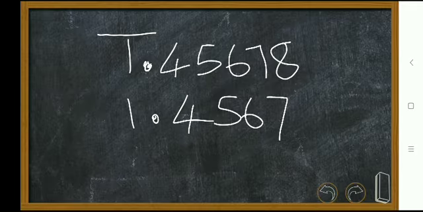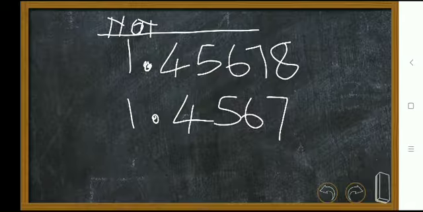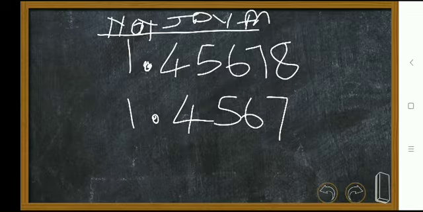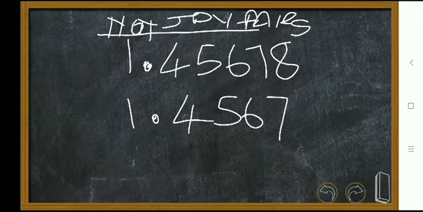This is for non-JPY pairs. This is how you find their price. You'll find that it's quoted to either 5 or 4.